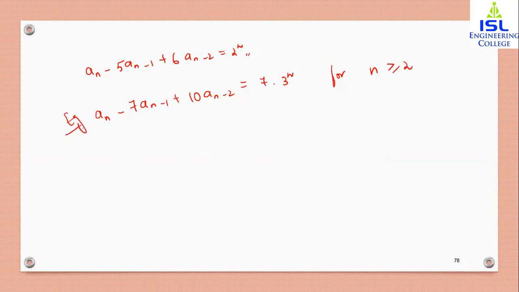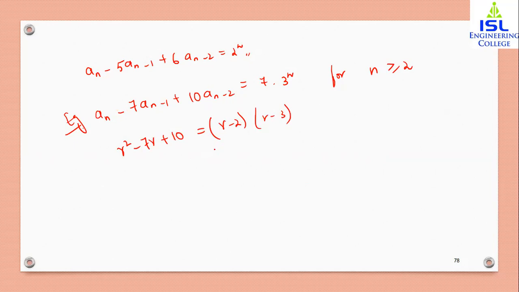Now for this, we know the characteristic equation directly. It will be r square minus 7r plus 10 is equal to r minus 2 into r minus 5.